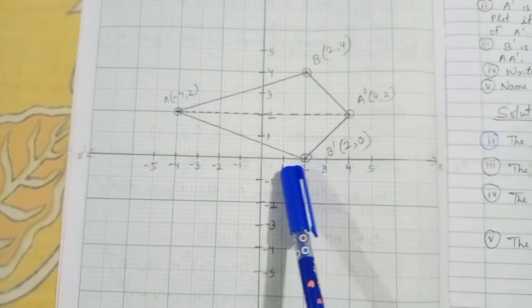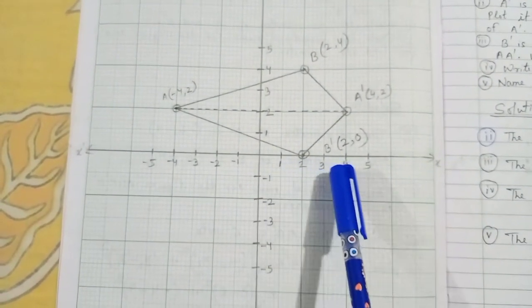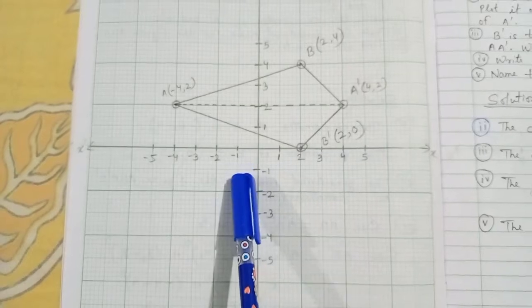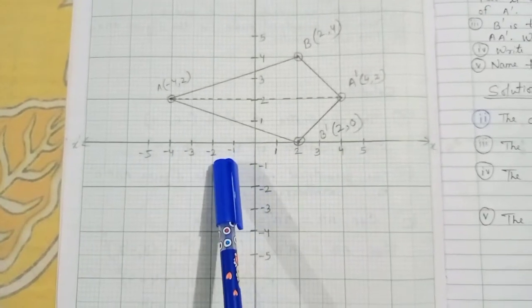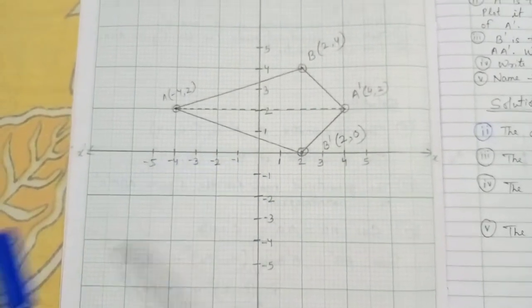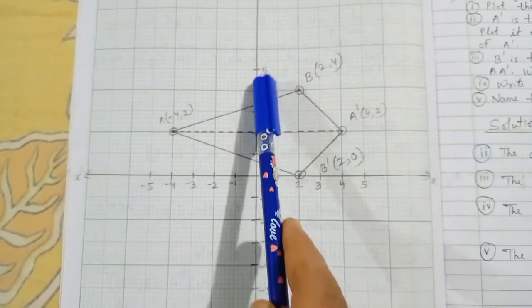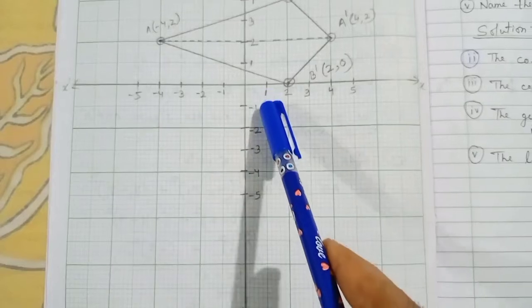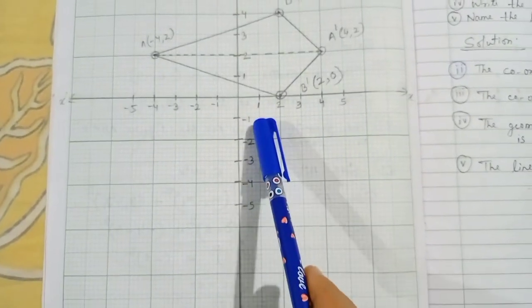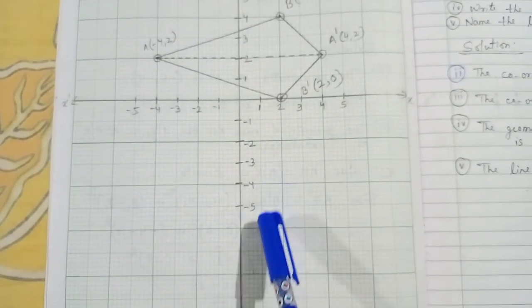Here these are the positive parts, 1 2 3 4 5, and here is the negative part, minus 1 minus 2 minus 3 minus 4 minus 5. This is the positive part of the y axis, 1 2 3 4 5, and this is the negative part of the y axis, minus 1 minus 2 minus 3 minus 4 minus 5.